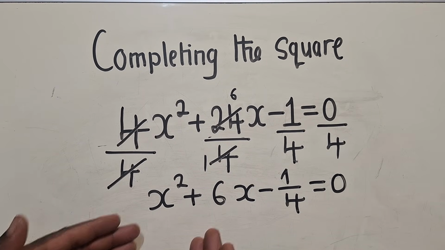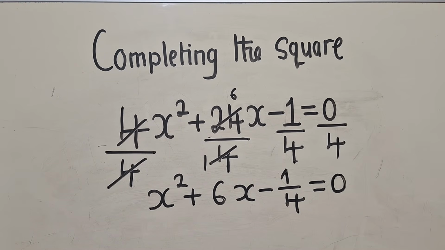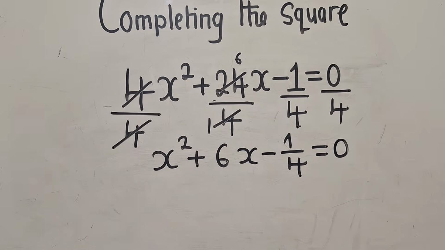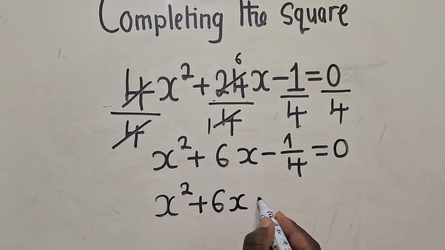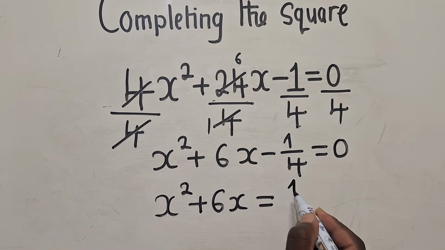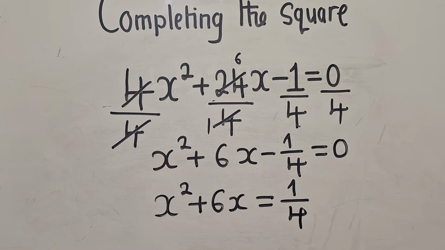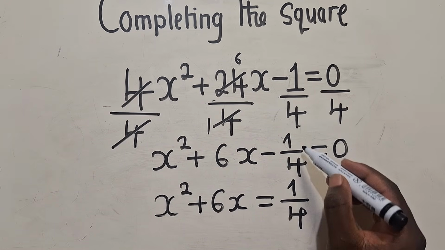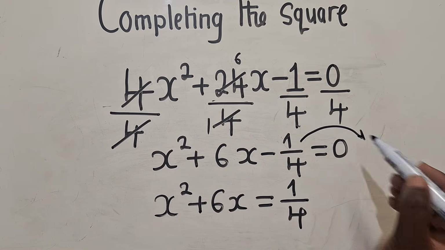Now at this point, we can use completing the square method. We shall say x power 2 plus 6x is equal to 1 over a 4. So we add 1 over 4 to both sides, or in other words, we get this constant to come to this side.